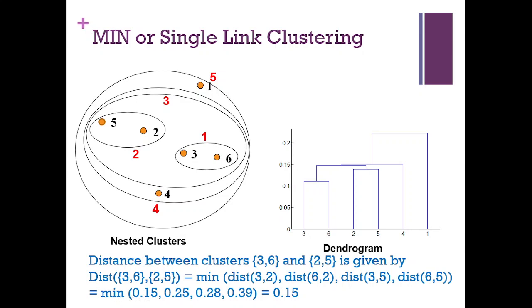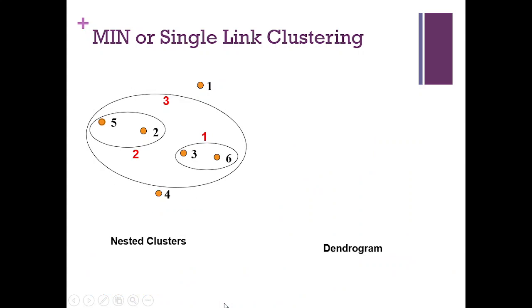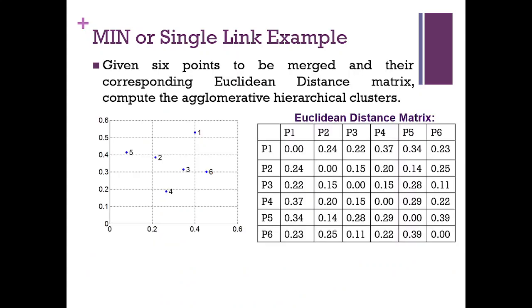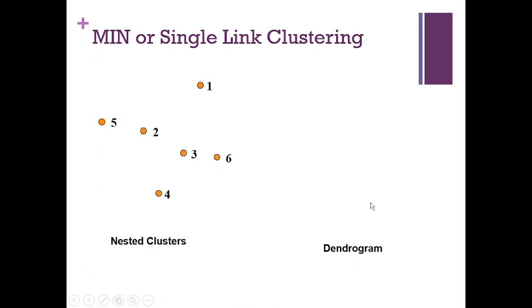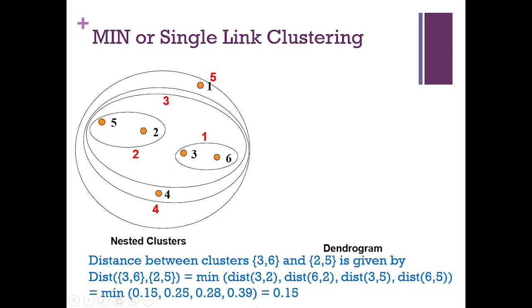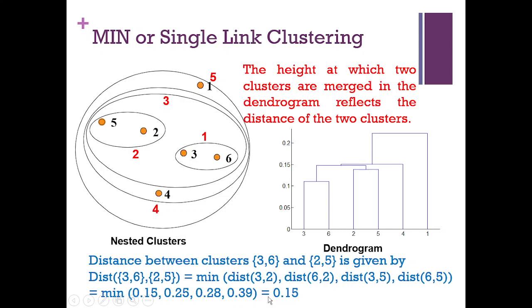These 4 values I have taken from the matrix shown in this slide, and obviously the minimum of these values, because it is min link, is 0.15. So I take the value as 0.15. The height at which the two clusters are merged in the dendrogram obviously would reflect the distance of the two clusters.